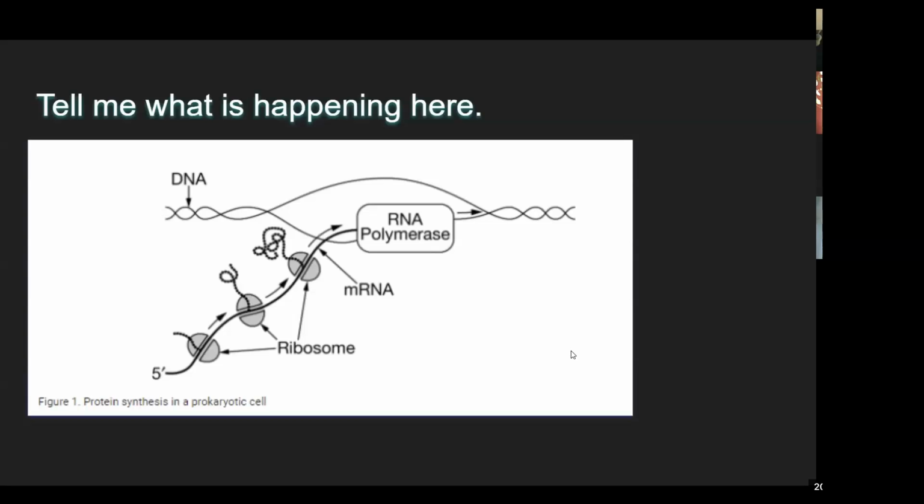Okay, last one. What am I looking at here? So when you look at a picture, like when you're taking your test, you look at the picture, right away you should figure out, what am I looking at? So I'm looking at transcription and translation occurring at the same time as what I'm seeing in the box. So what kind of organism would this be? A prokaryote. Correct.